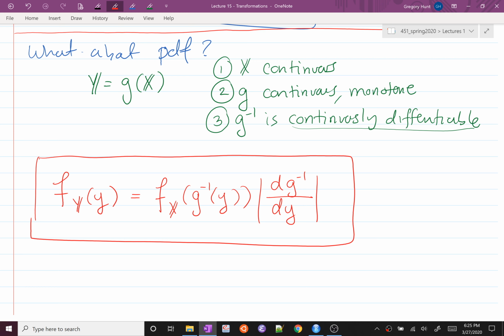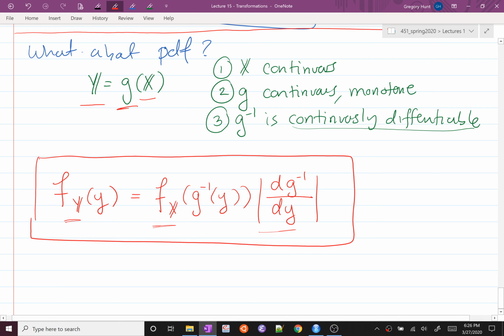And so when I go from x to y, I deform the space in some way with g. I stretch it, I squish it in some way, and at each point I do it to various degrees, and that can be measured by the derivative, and so I have to account for that. And so the density of y, f_Y, is related to the density of x, but I have to account for how much I'm stretching and squishing the space at the various points.